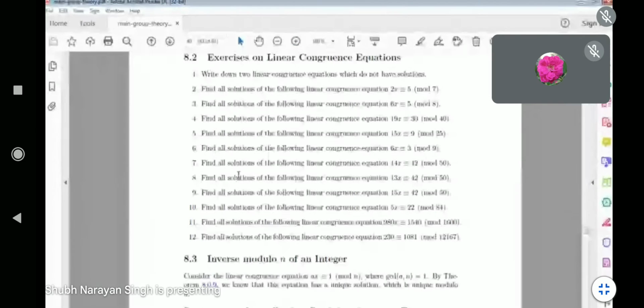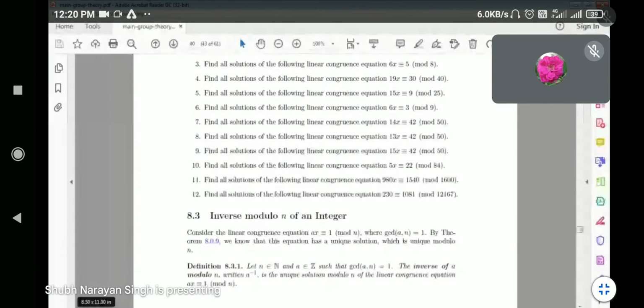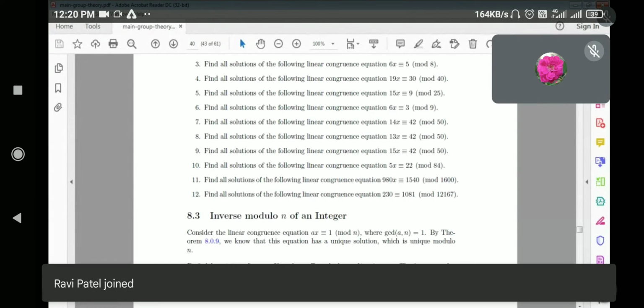We have already discussed that any congruence equation of this form, ax is congruent to b modulo n, has a solution if GCD of a and n divides the number b.